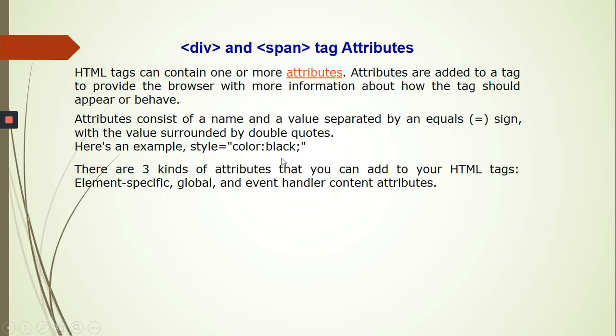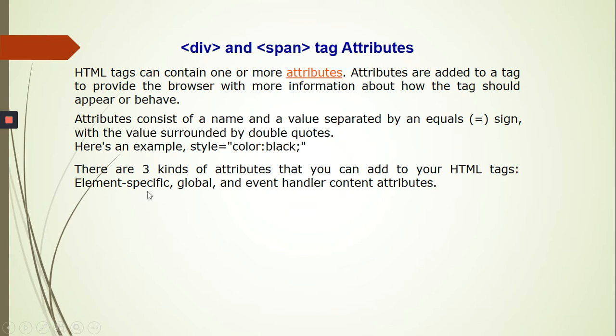Correct? Now, there are three kinds of attributes we can add to our HTML tags. They are the element specific, the global, and the event handler. Now I'll explain what is element specific, what is global, and what is event handler. Element specific.